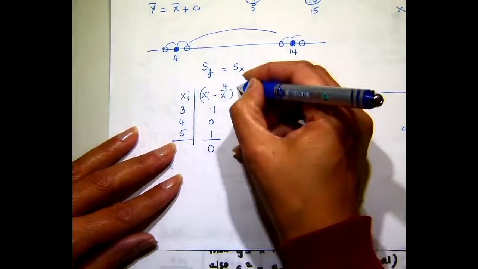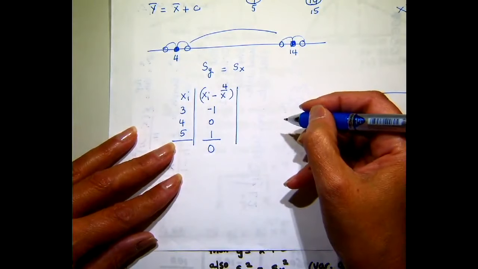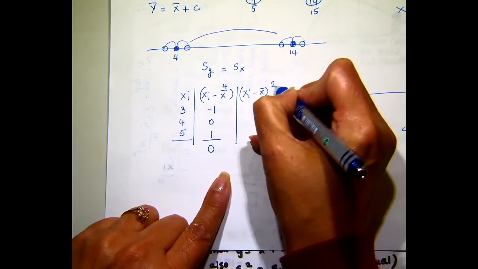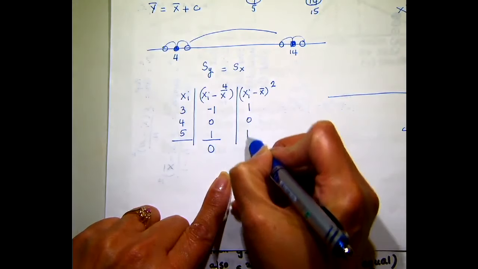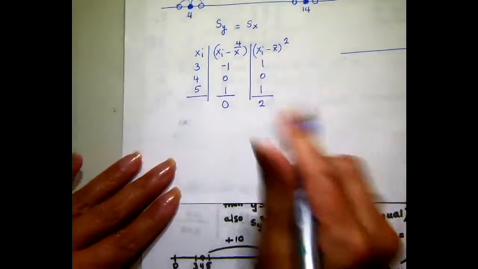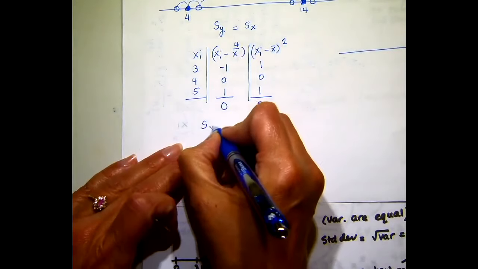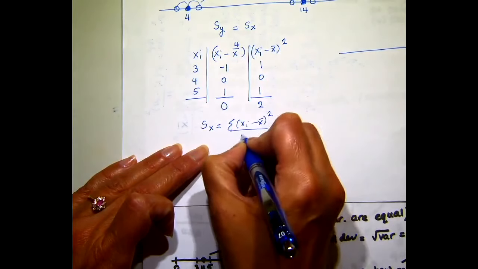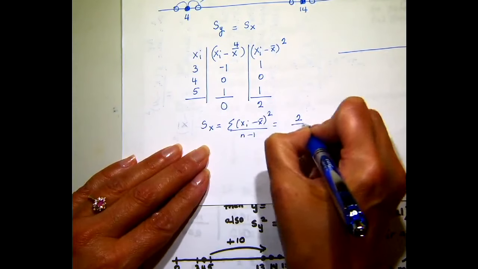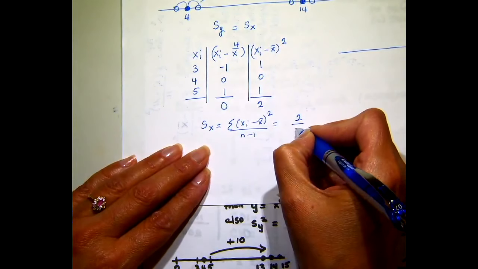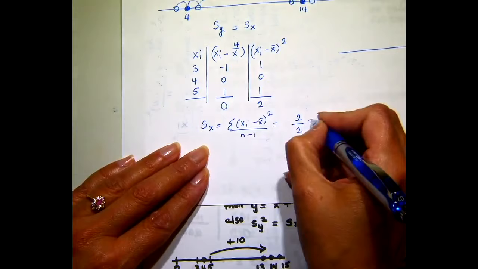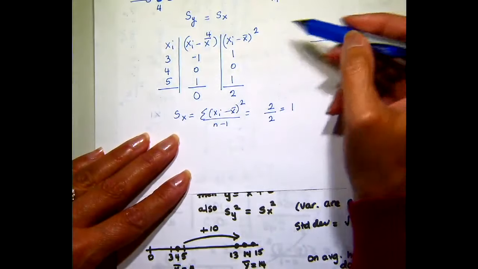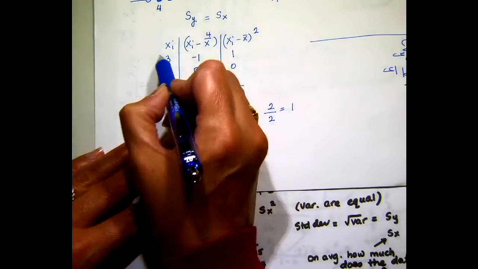They add up to 0 because they better add up to 0, otherwise there's something wrong with what you've done. xi minus x bar squared is 1, 0, and 1 for a total of 2. So Sx is equal to the square root of the summation of xi minus x bar squared over n minus 1, which is 2 over n minus 1, where n is 3. So n minus 1 is also 2. So Sx is 1.